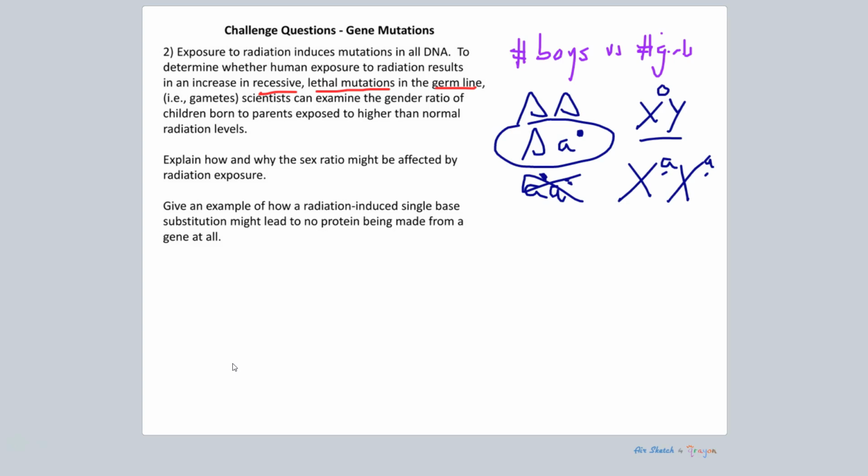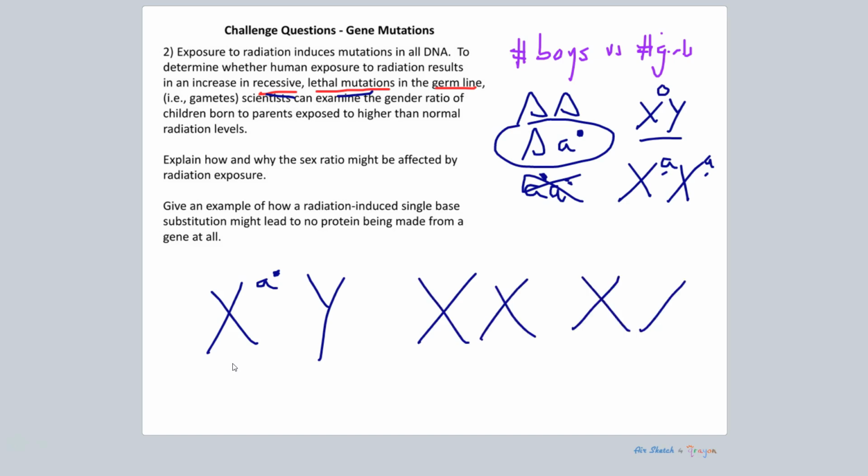Once again, let's imagine that we are interested in recessive lethal mutations. But if we imagine that those recessive lethal mutations are sex-linked, in other words, the phenotype of this recessive allele is death, then what we see is that every male who has this allele, period, every male who has this allele dies because it's recessive lethal.